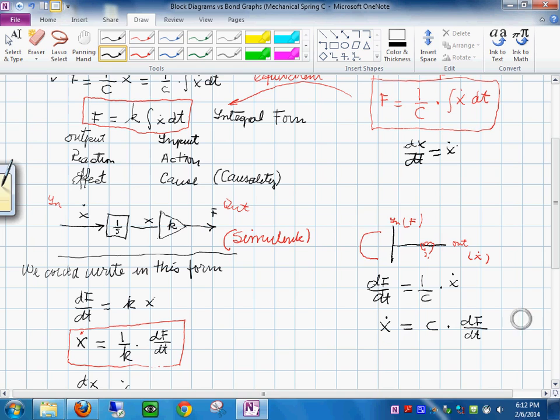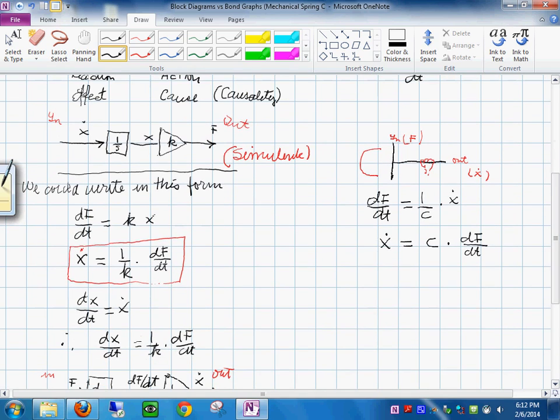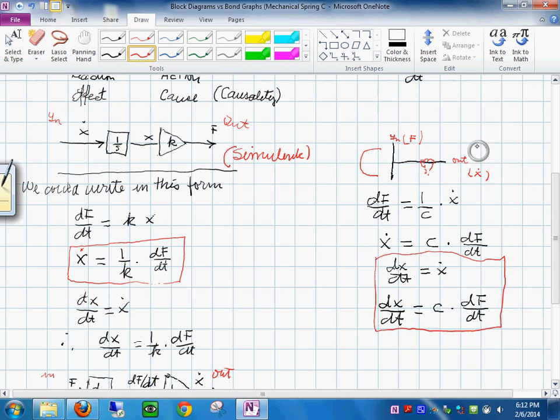See? Keep this in mind, that dx/dt, which is x dot, then it follows that dx/dt is equal to c times df/dt. And this form that I just wrote corresponds to this picture.